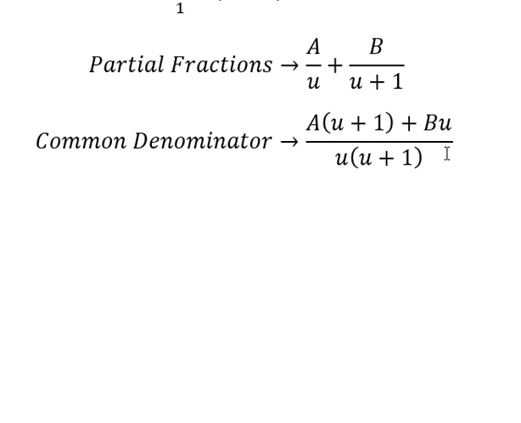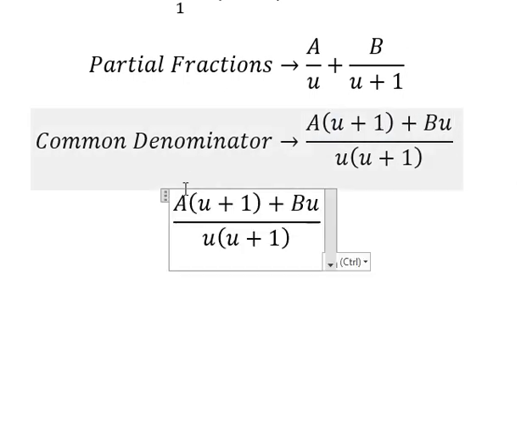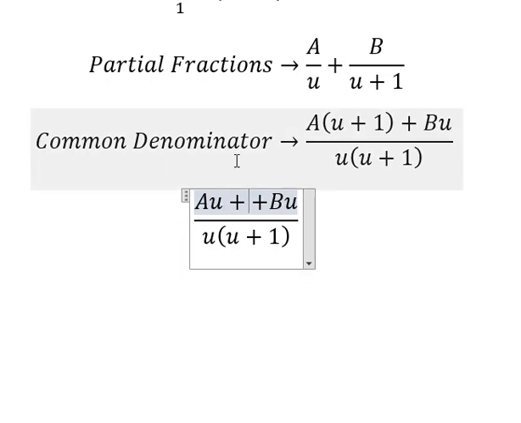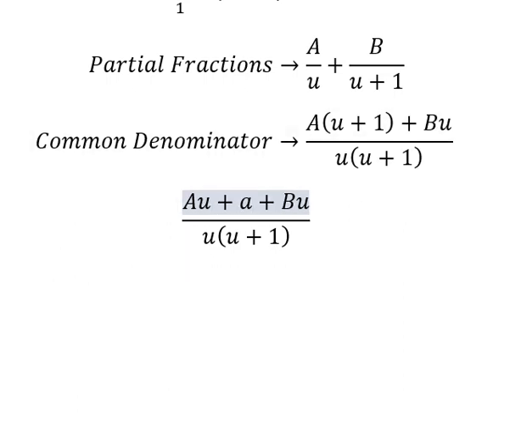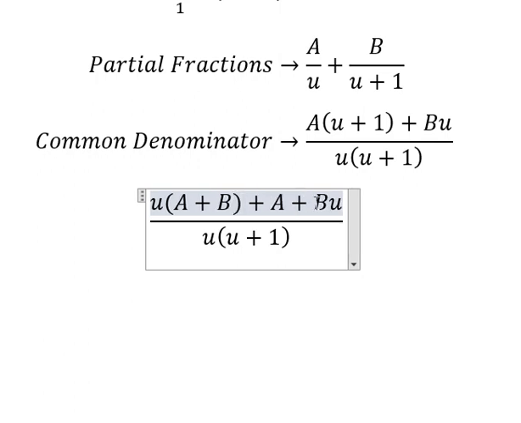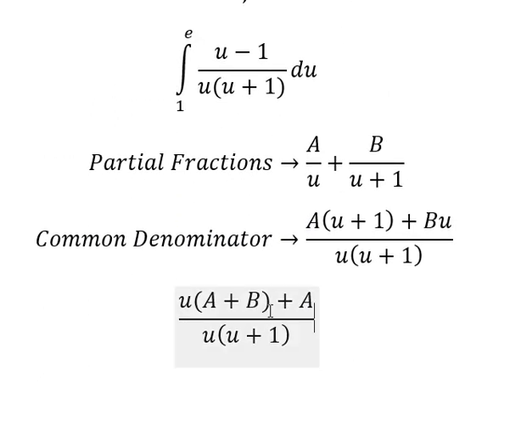Next, we need to arrange based on the terms of u. So A multiplied by u and number 1. So we have u and u. We can do factorization in here. Next, we need to compare coefficients.